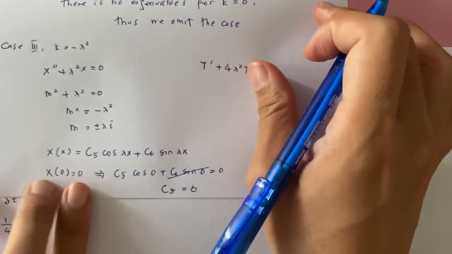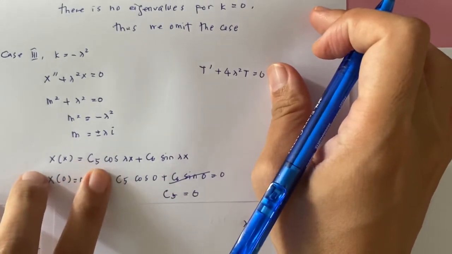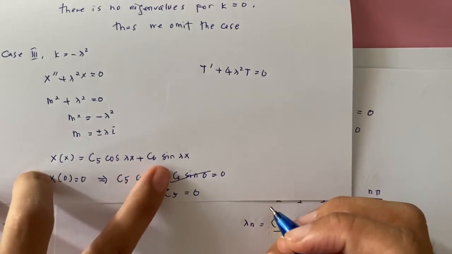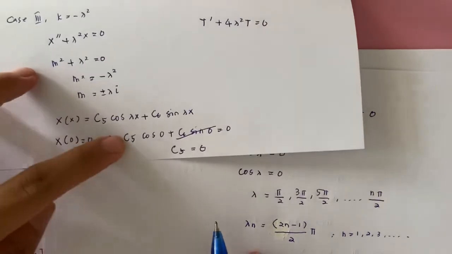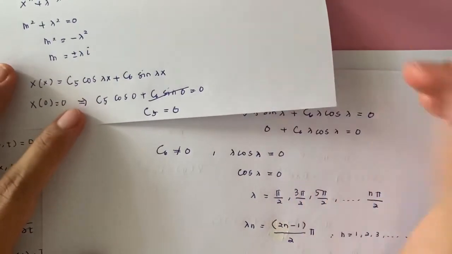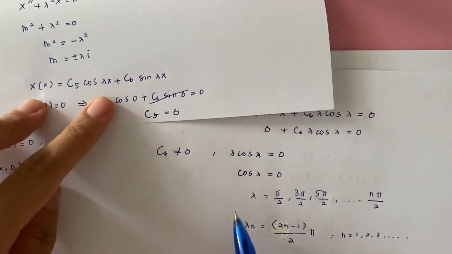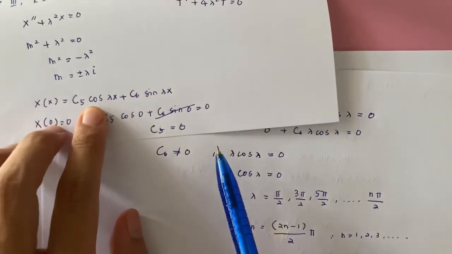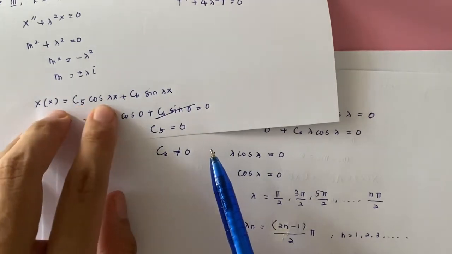Okay, our x for the third case is x equal to c5 cos lambda x plus c6 sin lambda x. So substitute your value. You have your c5, your c6, and then you have your lambda. So c5 is equal to 0, so we don't have this term because c5 is 0. 0 multiplied by cos, we have 0.